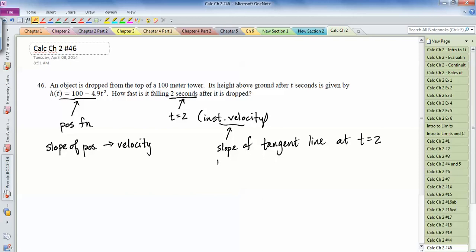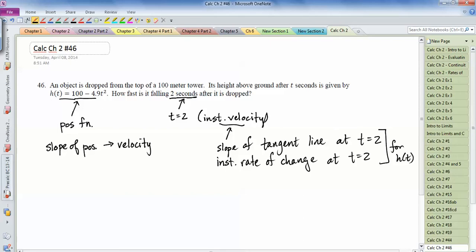Or another way of thinking about it is instantaneous rate of change at t equals 2. And these things, the tangent line and the instantaneous rate of change, are referring to h of t, our original function, the position function.